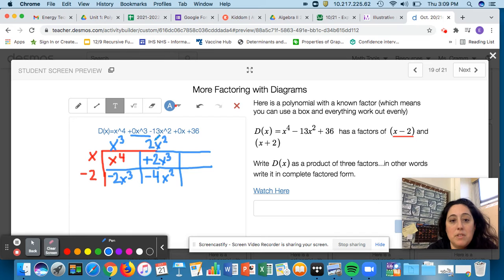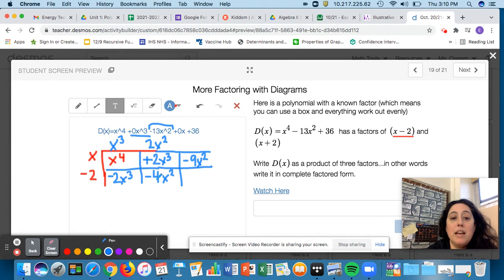Now I see I need a negative 13x squared. I already have 4 of those negatives. So 5, 6, 7, 8, 9, 10, 11, 12, 13. I would need 9 more negative x squares. So I have negative 9x squared.